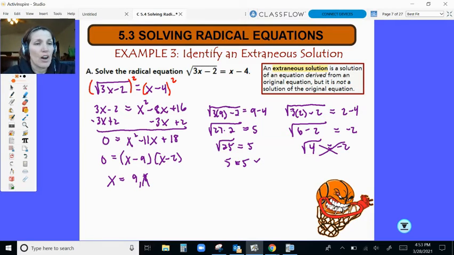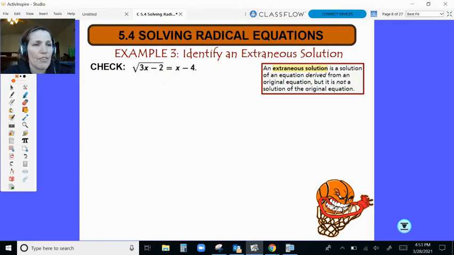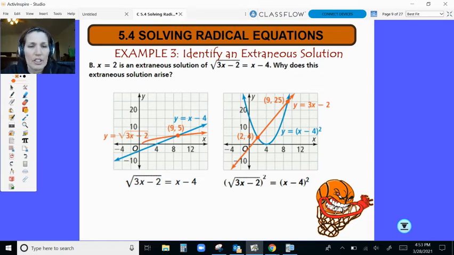Now if we take a look at this graph, this is my original graph. This blue graph is y equals x minus 4. This orange graph is the graph of the square root of 3x minus 2, which is kind of half of a parabola. When we square both sides, my blue graph becomes y equals x minus 4 squared, so it becomes a parabola.